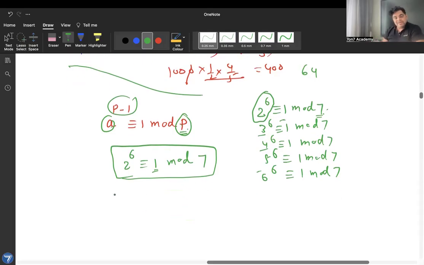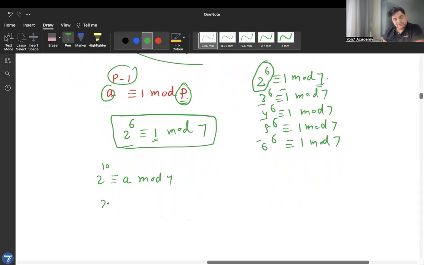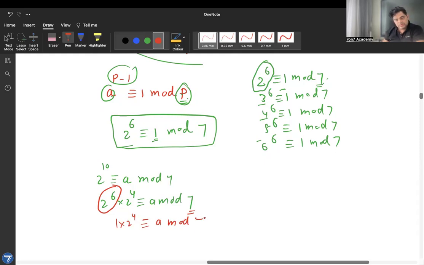So if I apply this, I have 2 raised to 10. I want the remainder when I divide it by 7. What will you do? Can you split it like 2 raised to 6 into 2 raised to 4 congruent to A mod 7? Agree, beta? So this will give you what? Isn't it 1, because the exponent is 1 less than 7. So 1 into 2 raised to 4 congruent to A mod 7.